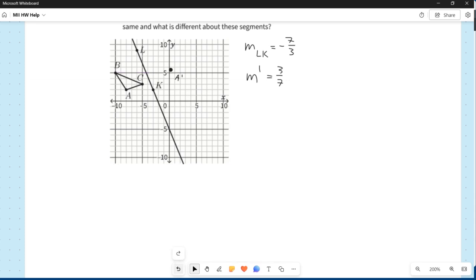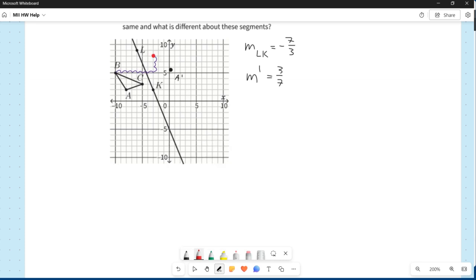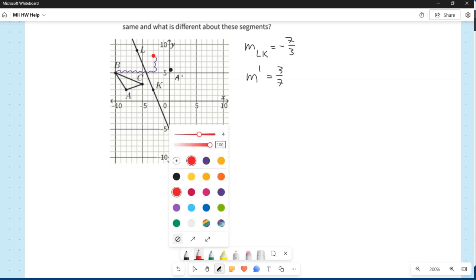I did not want that to be a straight line. We'll do that again. 1, 2, 3, 4, 5, 6, 7, and then I'm going to go up 3: 1, 2, 3. So that establishes that my perpendicular line is going to go through that point right there. So let's draw that line.